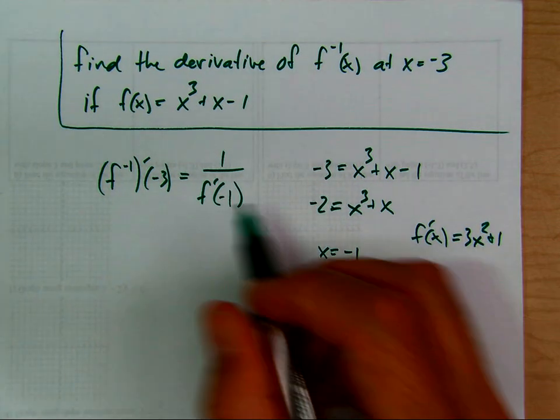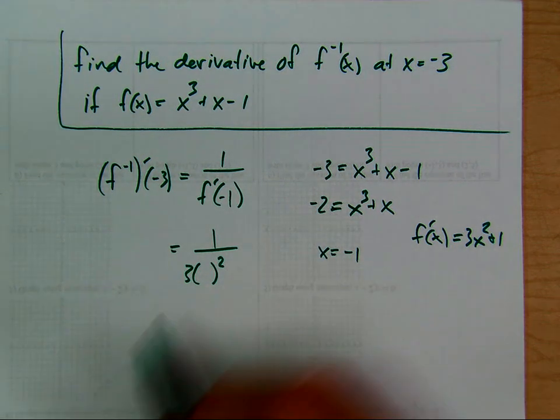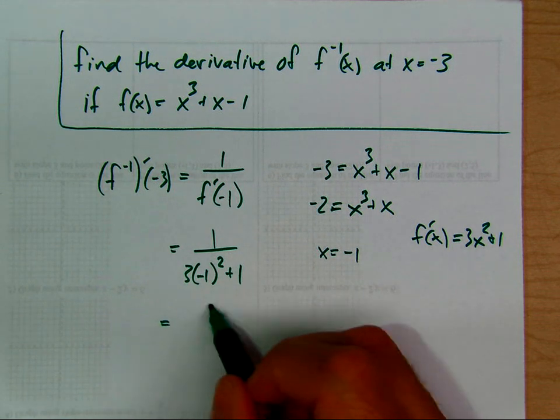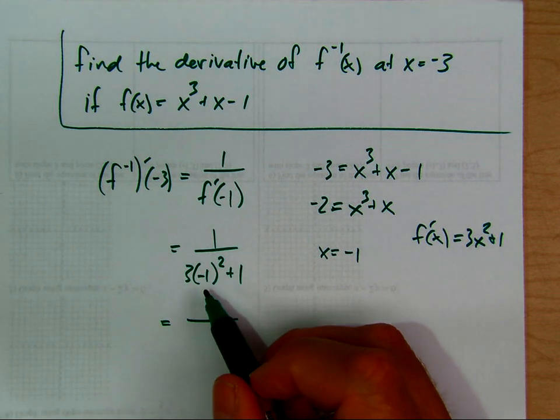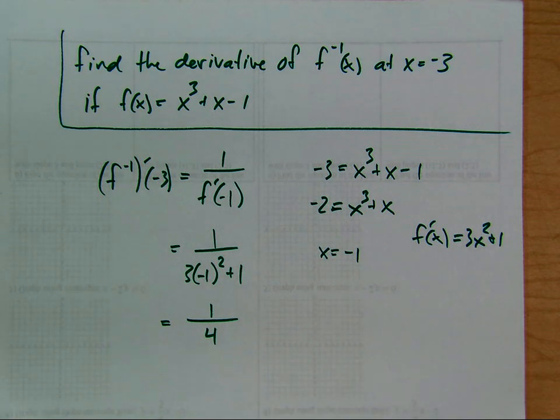So here we have 3x squared plus 1, and we put a 1 in there. So that'll be 3 plus 1 and 4. And we'll stop there.